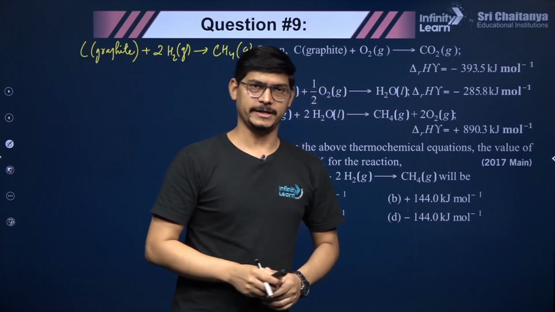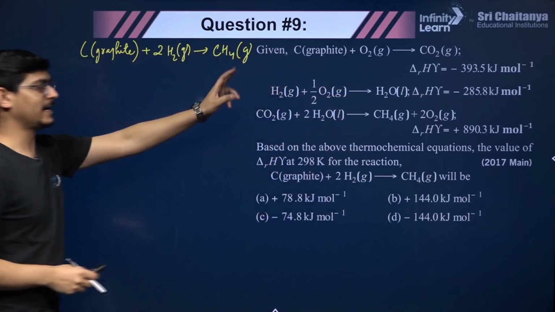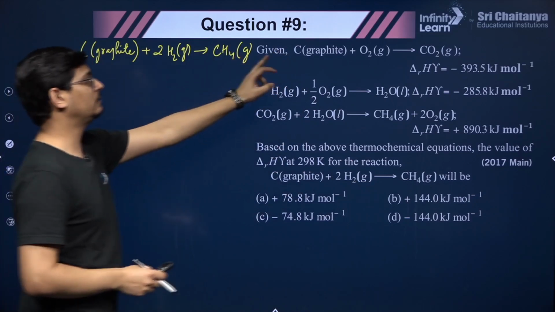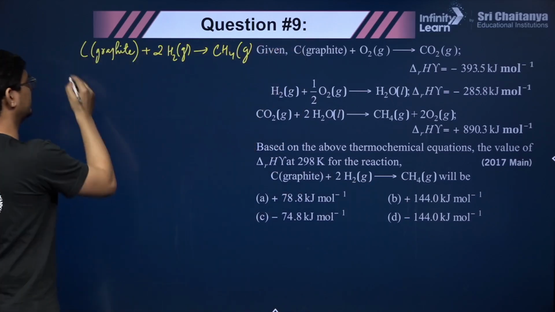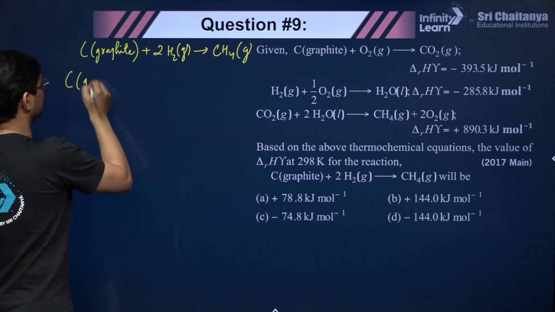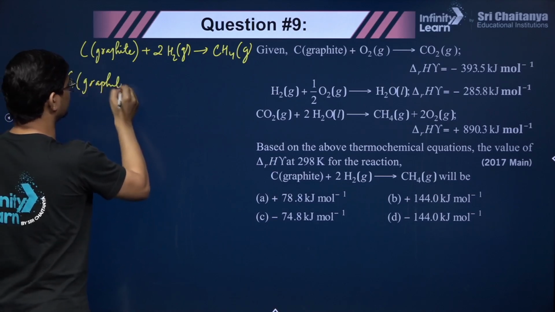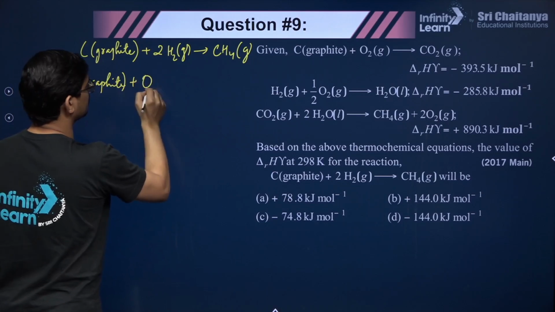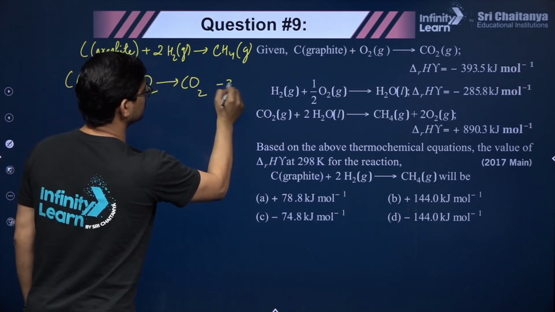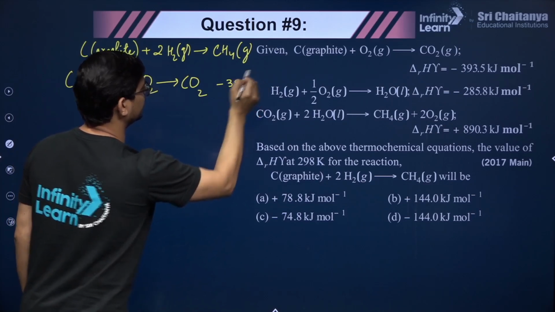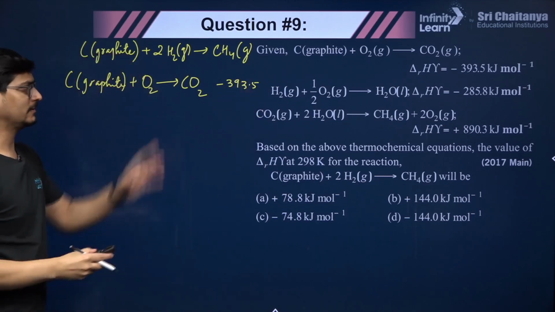First one, right? So I need carbon graphite on the reactant side. Yes, reactant side. I need 1 mole. Yes, 1 mole. So I will pick the first reaction as it is, right? So carbon graphite plus oxygen giving CO2. So enthalpy change will also come as it is. So minus 393.5 kilojoule. All right. So that is enthalpy change.